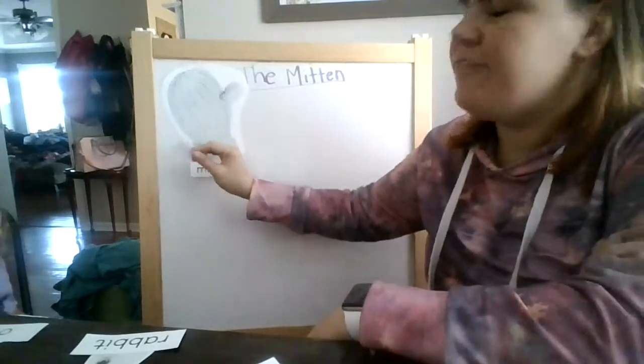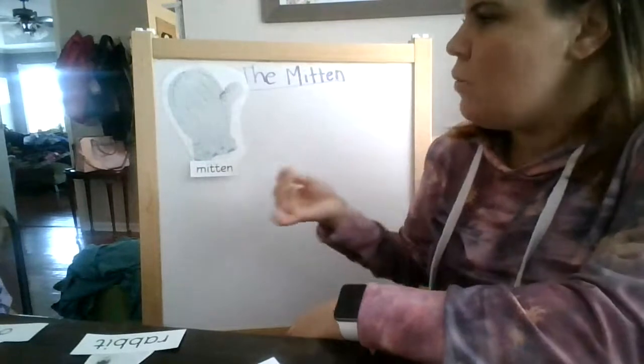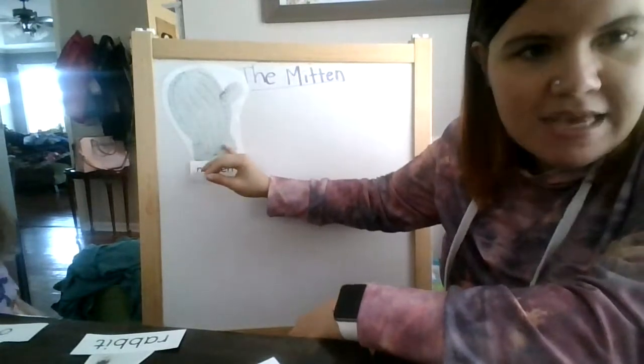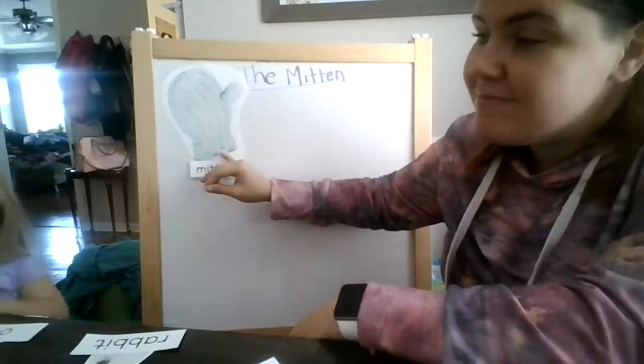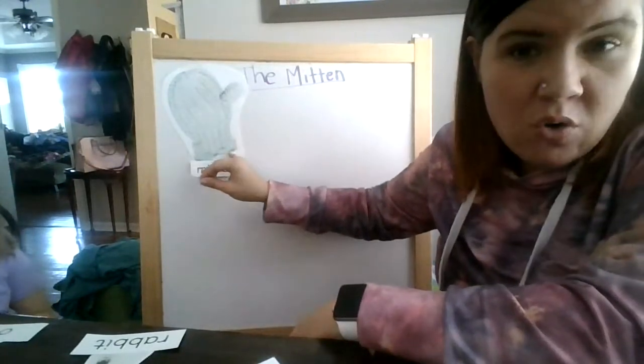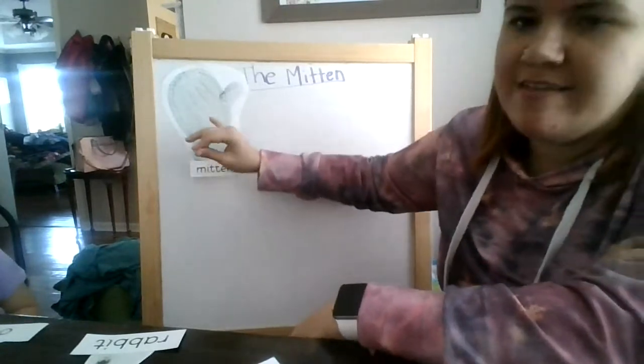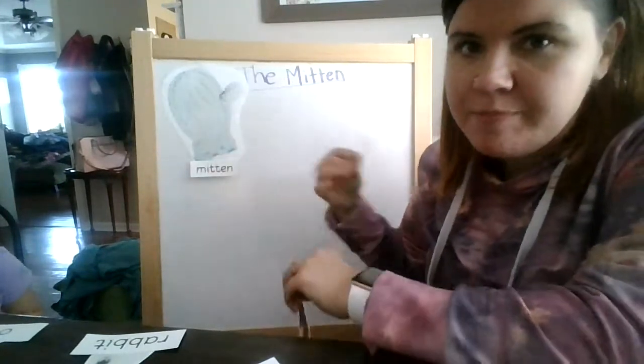The mitten is laying in the snow, and some animals come along. Why do you think they got inside the mitten? Because they were cold. Snow is so cold. So they said, I'll get inside the mitten to warm up.